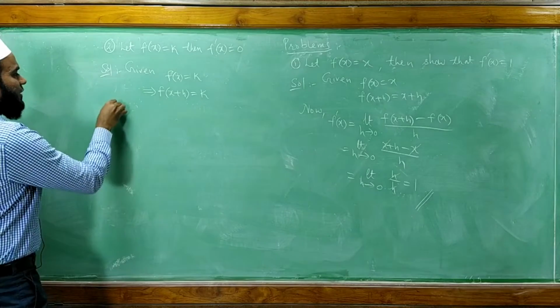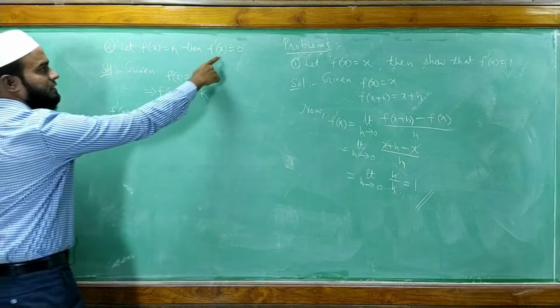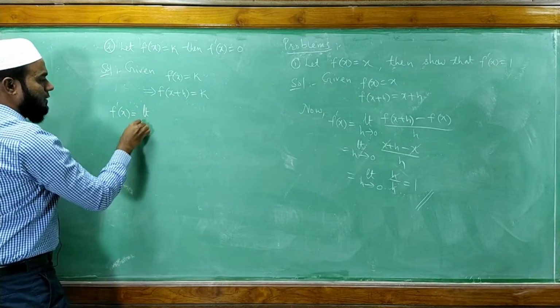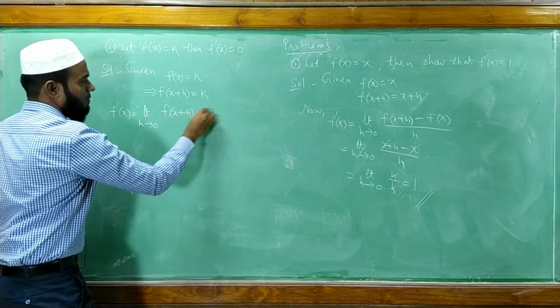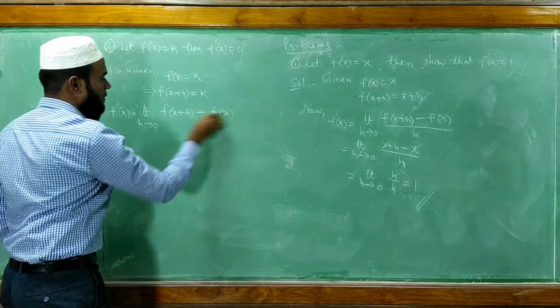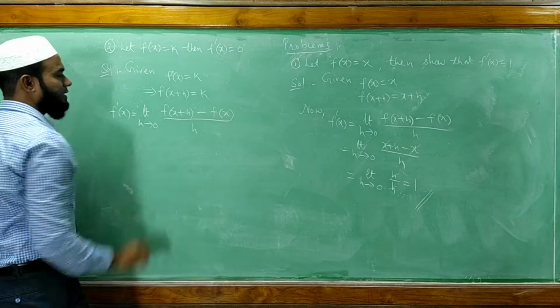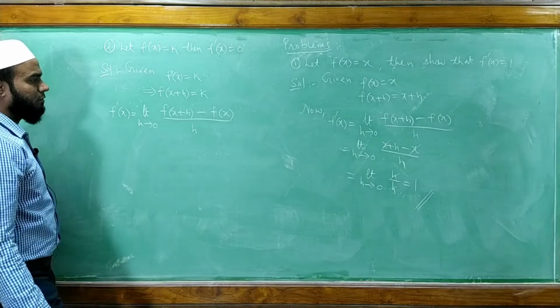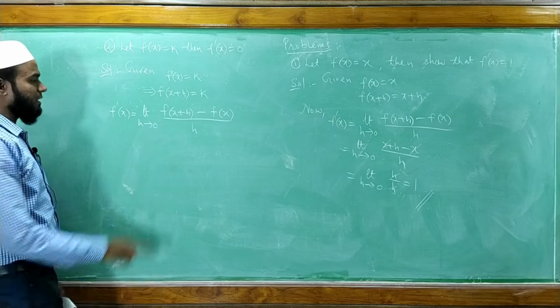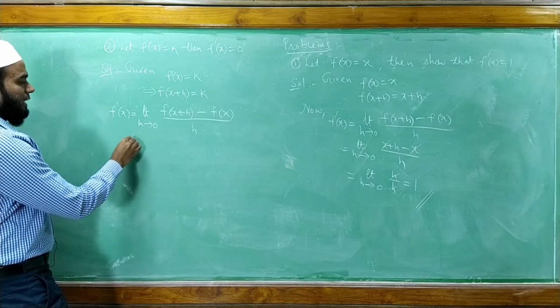Then f dash of x is given by limit h goes to 0. What is the formula? f of x plus h minus f of x by h. This kind of differentiation is called first principle differentiation, because I am using this formula, right?